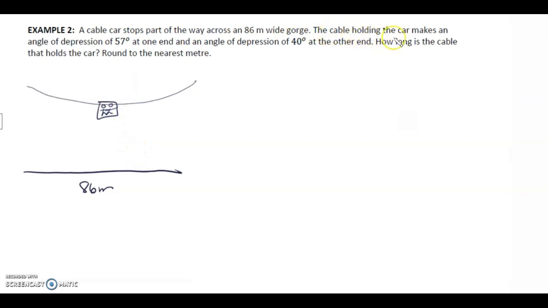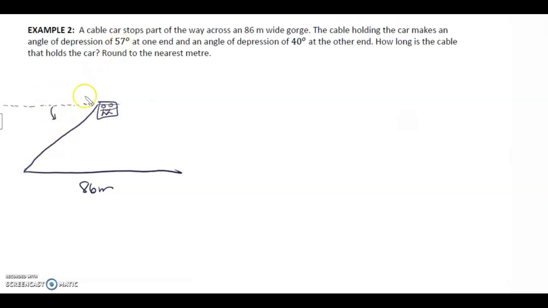The cable holding the car makes an angle of depression of 57 degrees at one end and an angle of depression at the other. I know I put this on kind of a round cable, but that's okay. So on one end, we have an angle of depression. Again, this angle of depression is going to be from a horizontal, and it's going to be looking down.